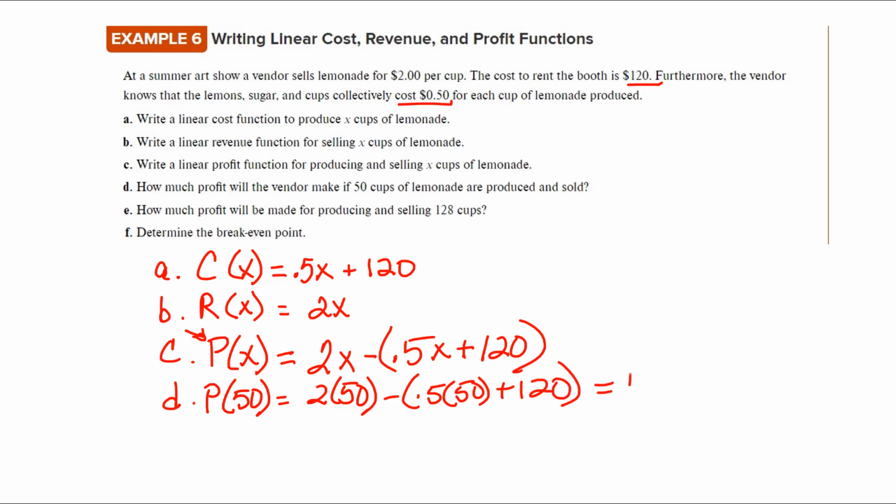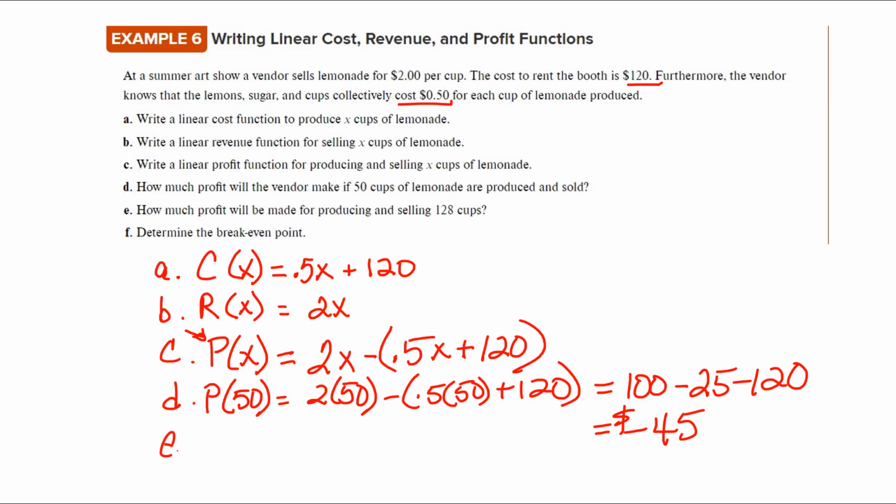And if you do that, that's 100 minus 25 minus 120, and that is going to be a negative number. It's going to be negative $45. So that means you lost money. If you only sell 50 cups of lemonade, you're not going to make any money and you're actually going to be in the hole. So yeah, that's not good. You've got to sell more than 50 cups.